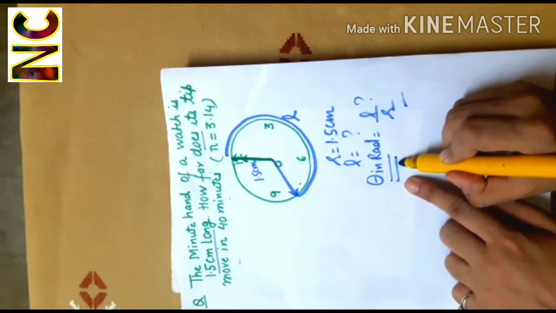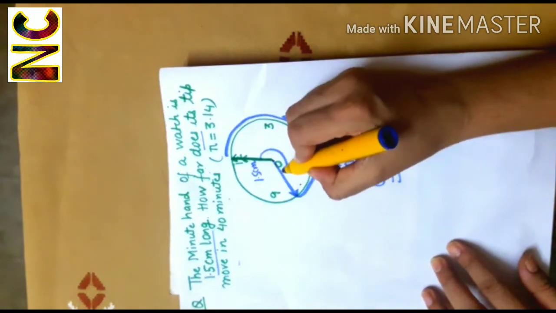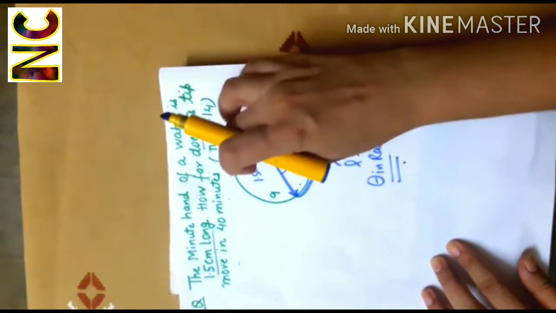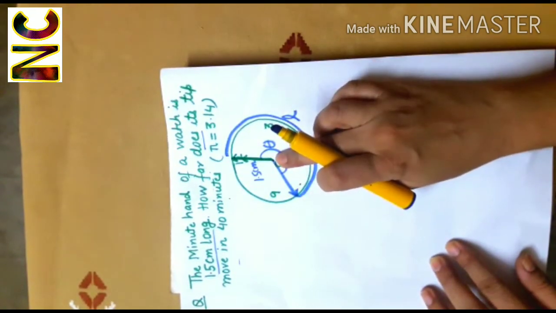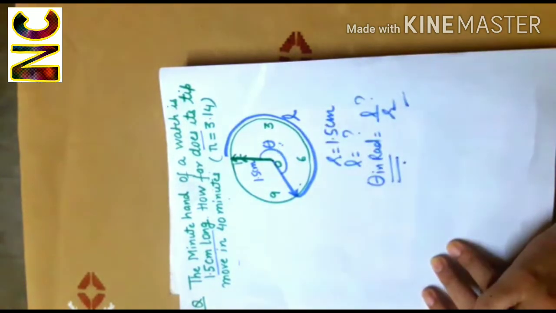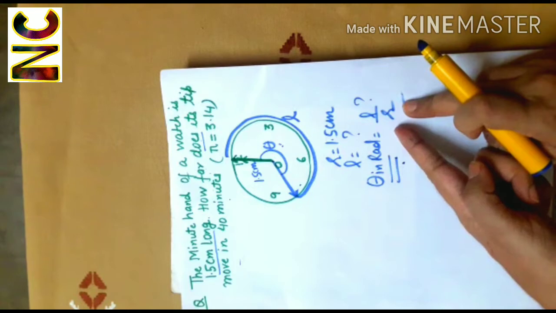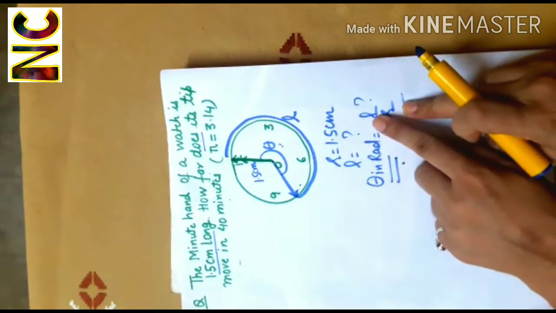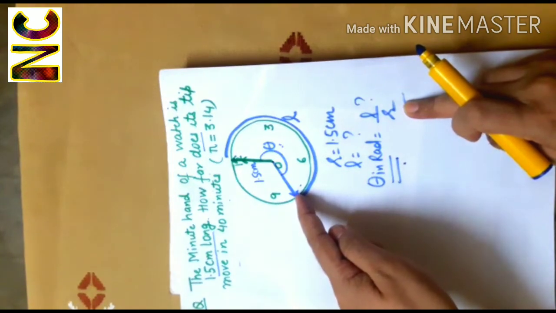Theta is the angle subtended by this arc at the center of the circle. So I need to find out this theta in radian. Once we know the value of theta, R is given in the question, so I can determine this length of arc.